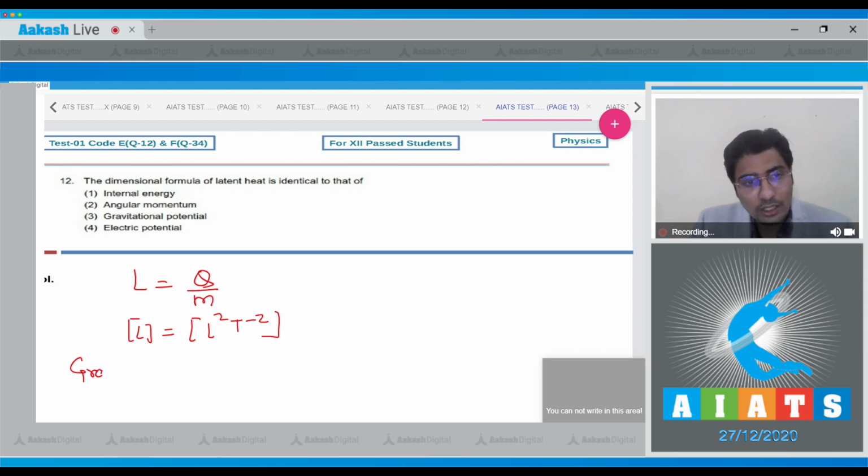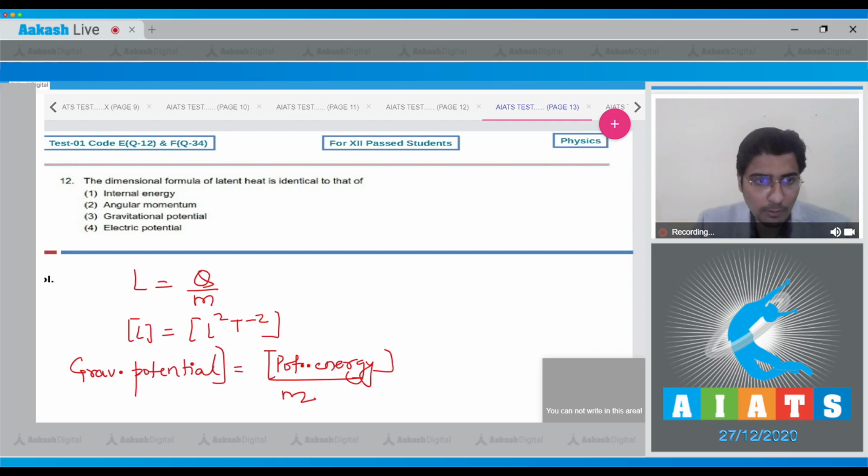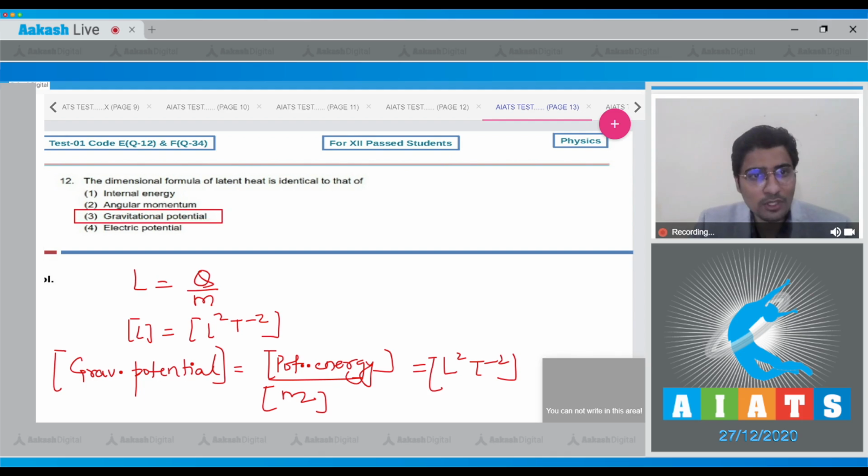The gravitational potential is also defined as the potential energy per unit mass. So in terms of dimension, the dimension will be equal to L^2 T^-2. Meaning that for this question, the correct answer should be option number 3.